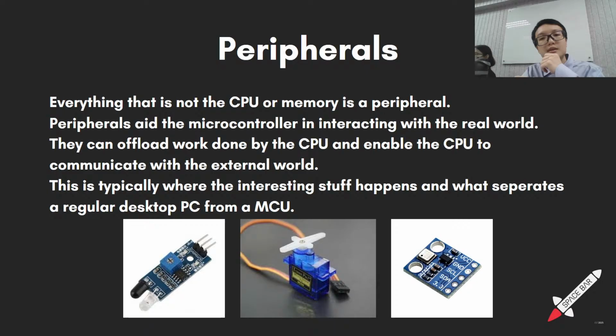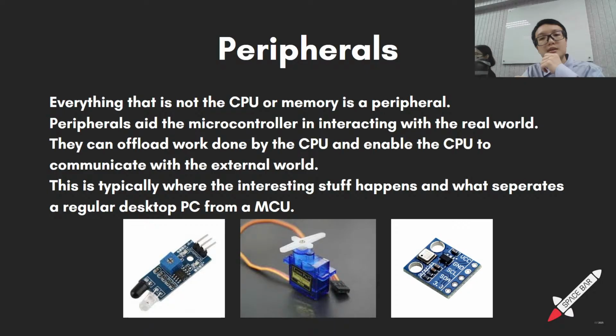And PWM, which stands for pulse width modulation, I actually don't have a slide for PWM, but I'll just explain it. We use PWM to, let's say, control the brightness of LEDs.